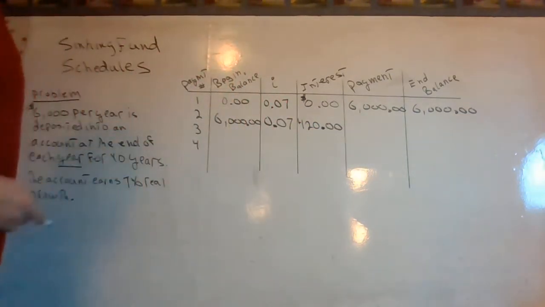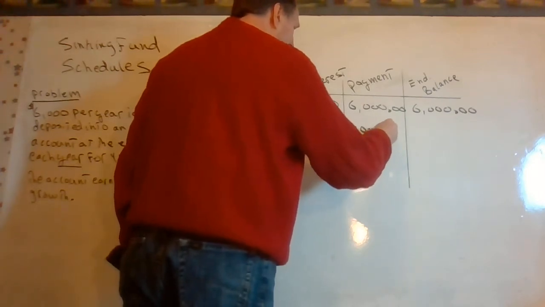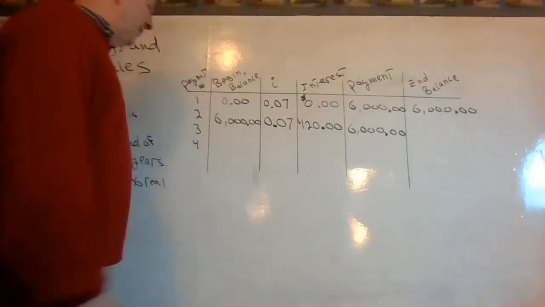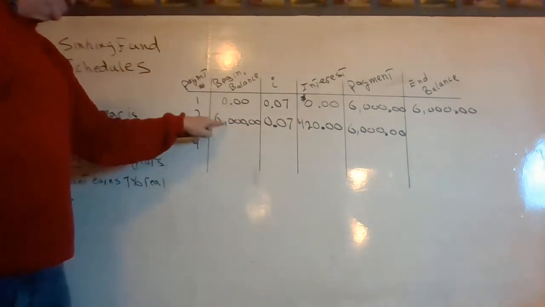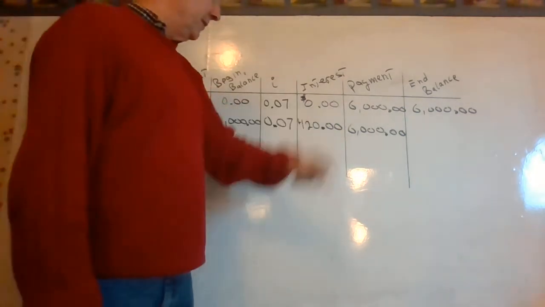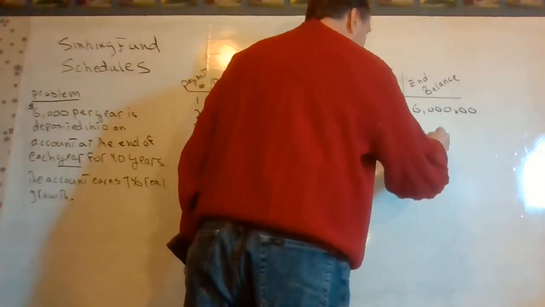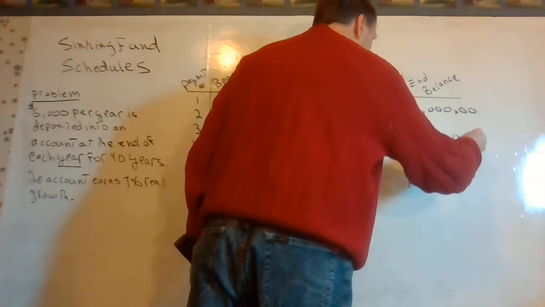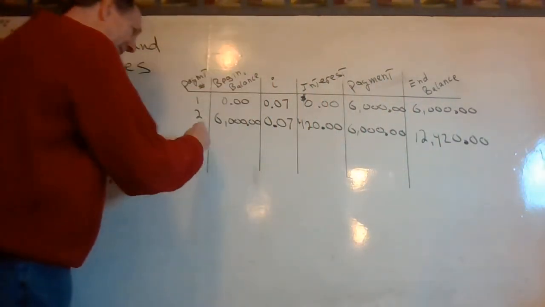And then, of course, there's another payment going in, so we have 6,000. Now we start with 6,000. We earn $420 interest. That's 6,420 plus another 6,000. And that gives us 12,420. Carry that down.